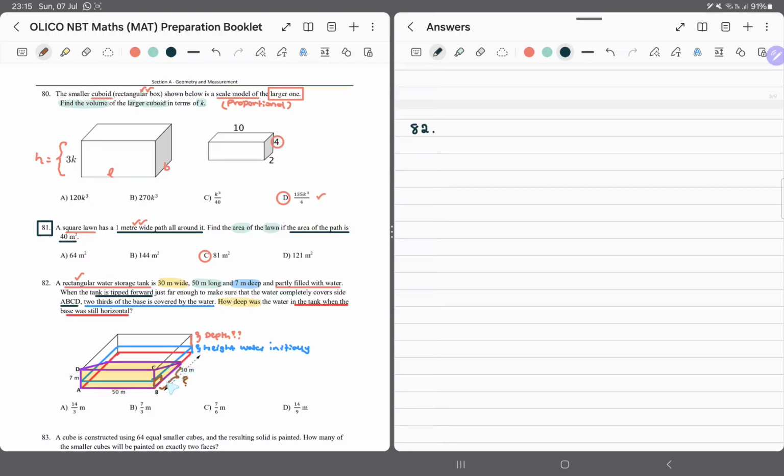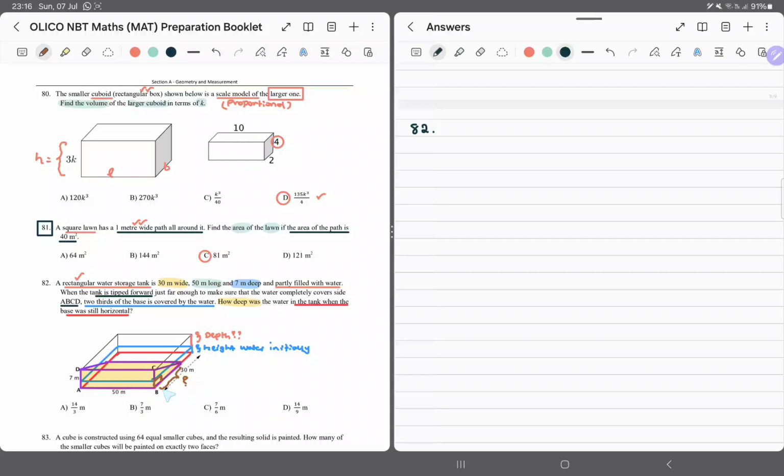We need to start here with this dimension, right? By using the area of the base and taking 2/3 of it. It will give us the area of this base of our water level. Then from that area, we can work out the length, because we already have its height. Or we can call it the breadth, because we already have the length, okay?